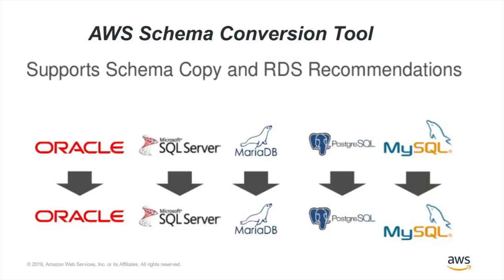So schema comparison is where you compare the changes between your source and your target, and get an idea about what changes need to be incorporated, what changes don't, and whether you are good to go with your cutover or not.